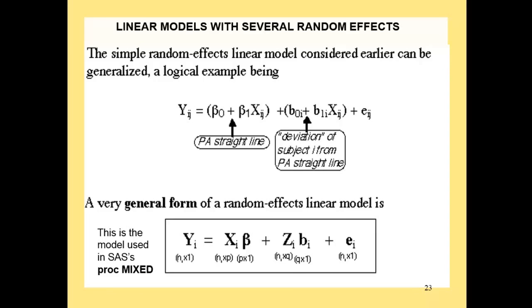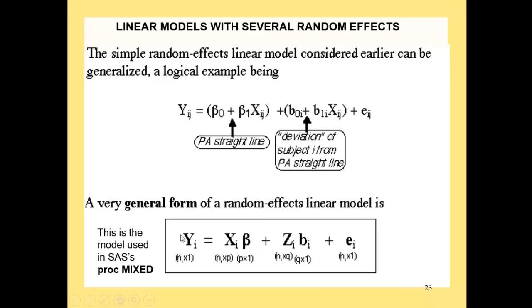It'd be a little bit tricky. So this is the very general form of the model that Proc Mixed is thinking about when SAS runs it. If you run Proc Mixed, SAS is trying to fit everything that you could possibly say into this matrix notation of a model.